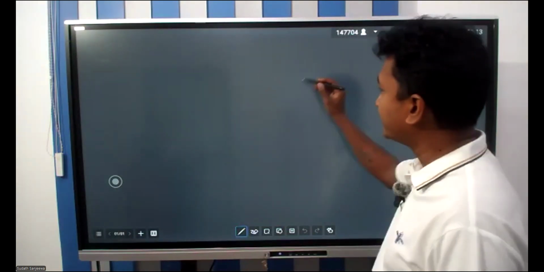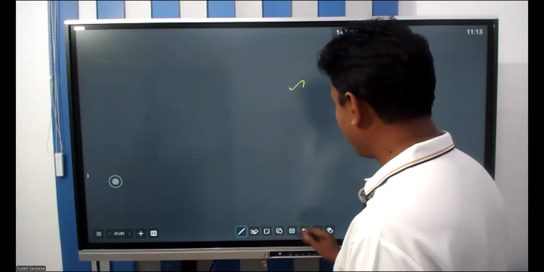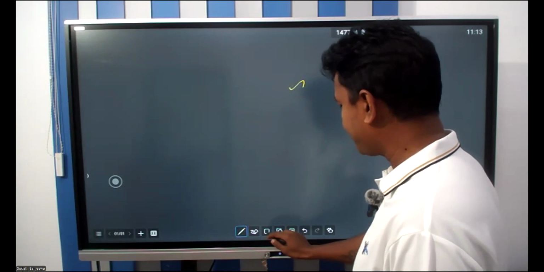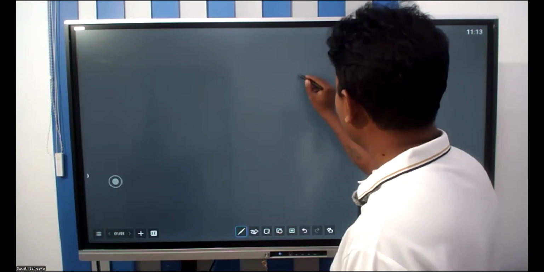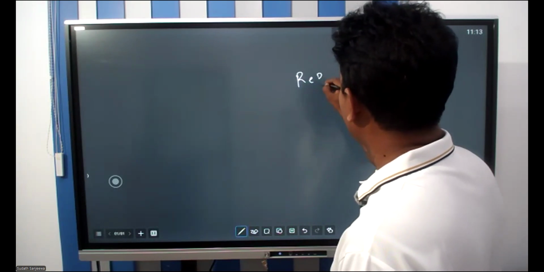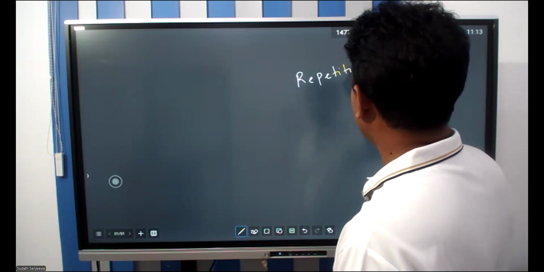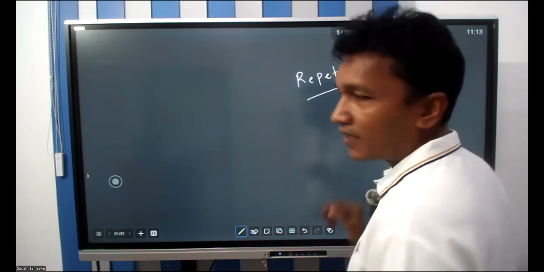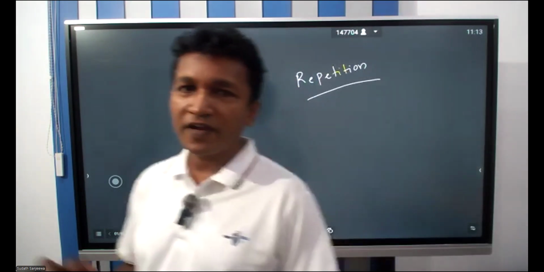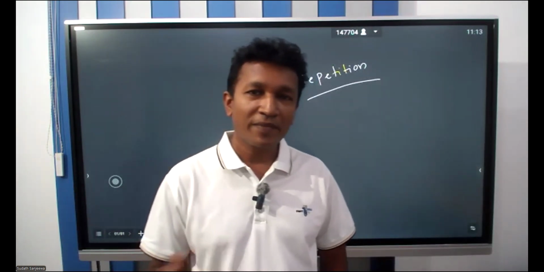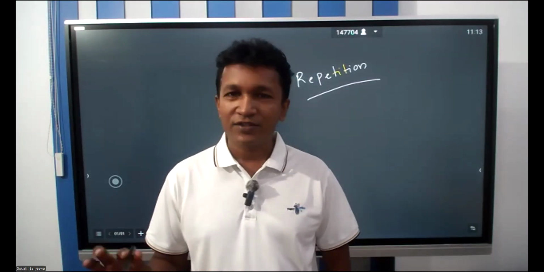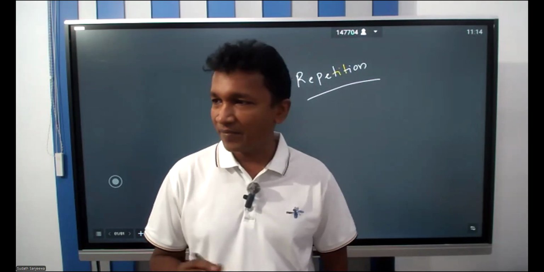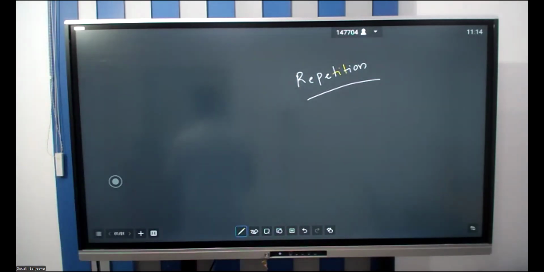Right. We were talking about the repetition control structure. Today we are going to do some examples with repetition control structure. Turn to your page number 35. There's an example, right?